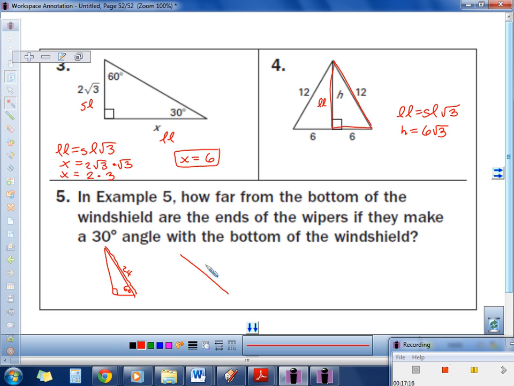Now it's saying your windshield wiper has a 30-degree angle down here, and you're trying to figure out the height this time. So remember, this is our short leg. This is our hypotenuse. Is there a formula that relates short leg and hypotenuse? Yeah. Definitely. The formula is hypotenuse equals 2 times short leg.